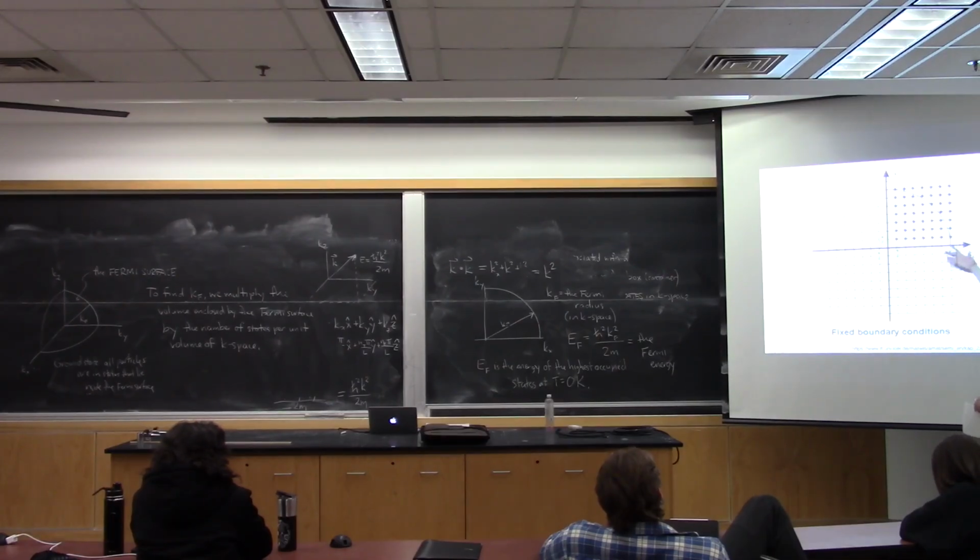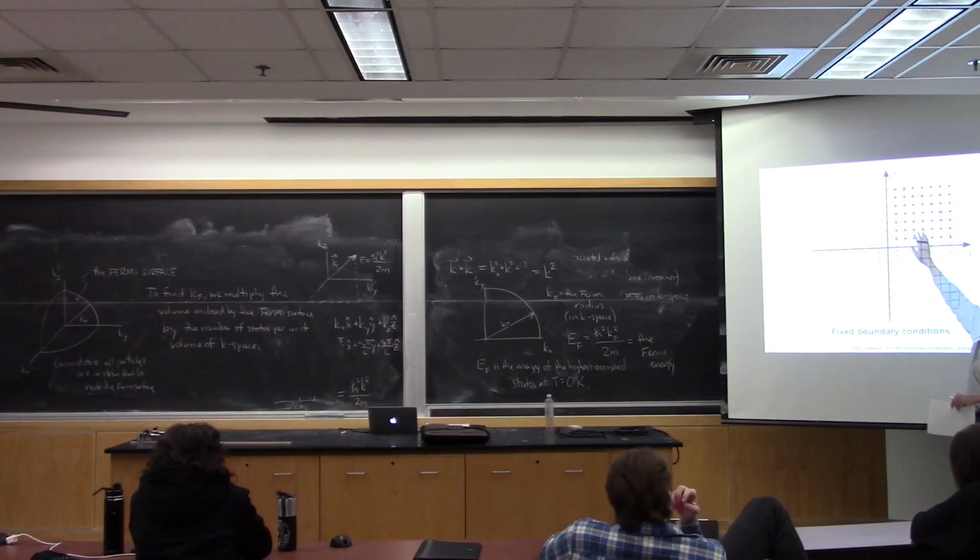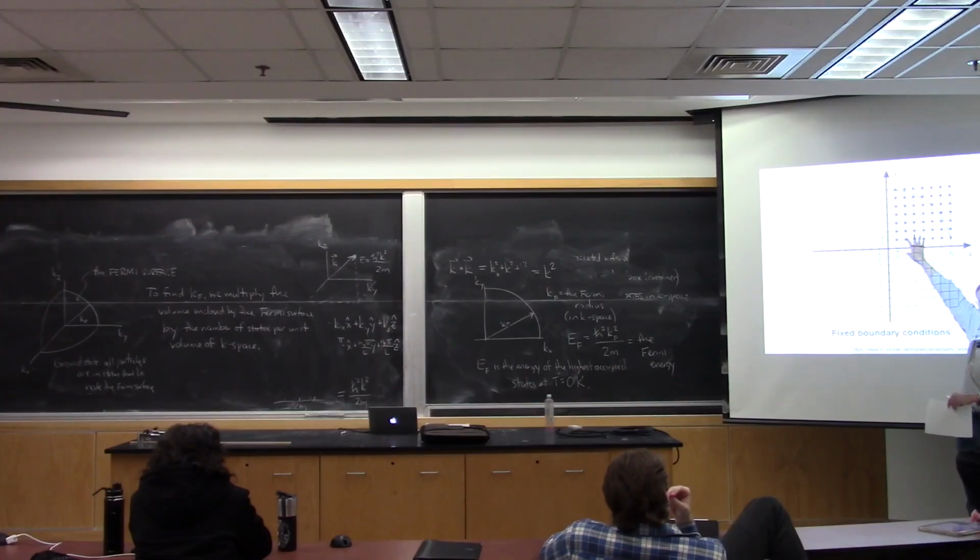If I took a fourth of pi k Fermi squared and multiplied that by the number of states per unit area, which was L squared over pi squared, that would give me an awfully good approximation to how many dots are inside there.